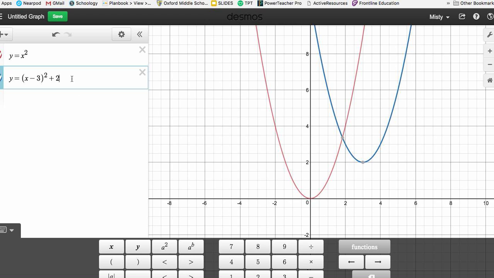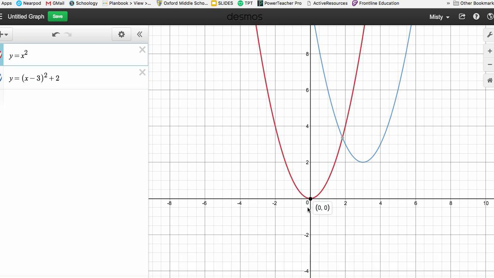So now that we have an idea about vertex form, I know that this 3 inside should represent the new x-coordinate of my vertex, and this 2 outside should represent the new y-coordinate of my vertex. So we know that because the original one started at 0, 0, and now this is telling me my vertex, but it's really telling me how the vertex is going to shift from its original position.